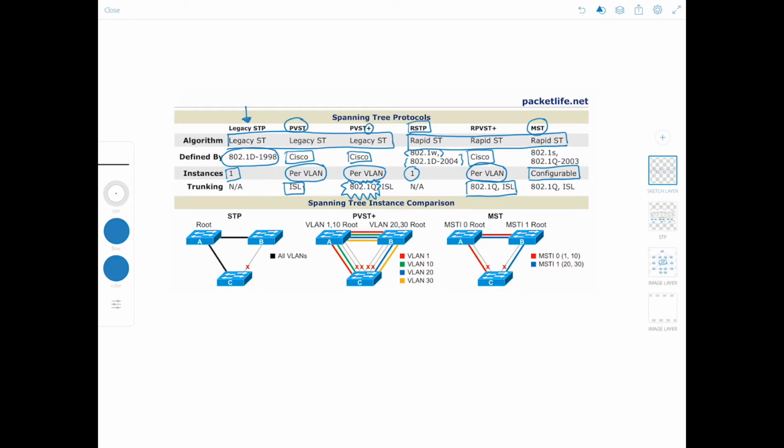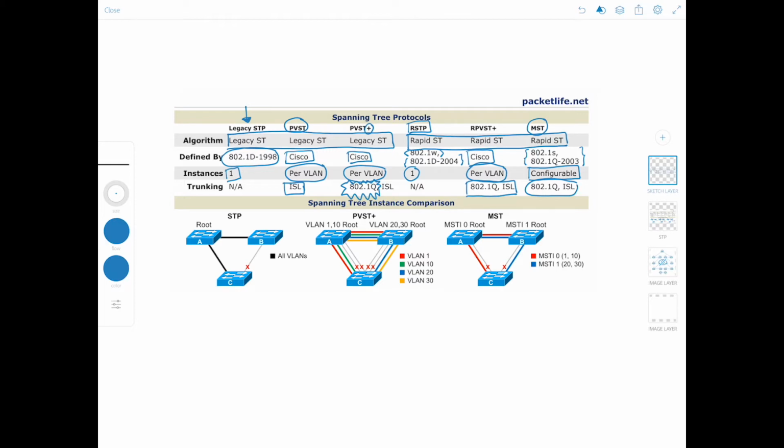This is actually configurable, and you can combine several VLANs into one instance. And this field contains the standards that define MST. And again, it supports both encapsulations.